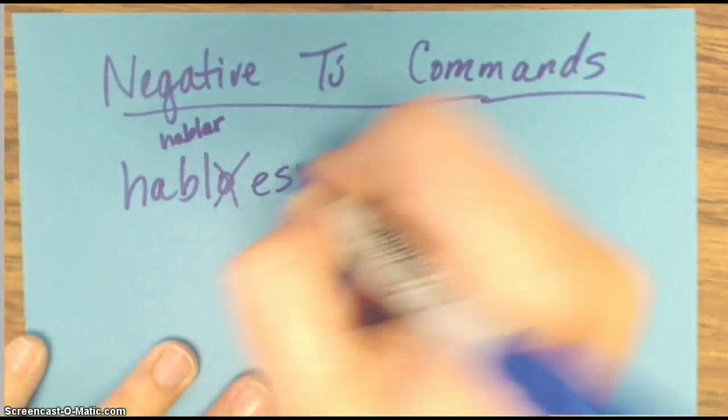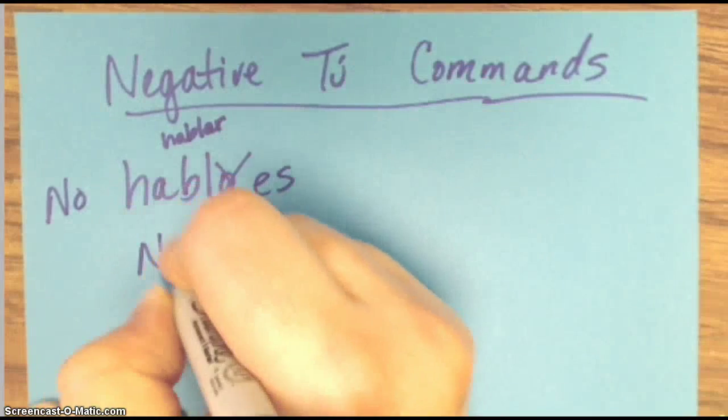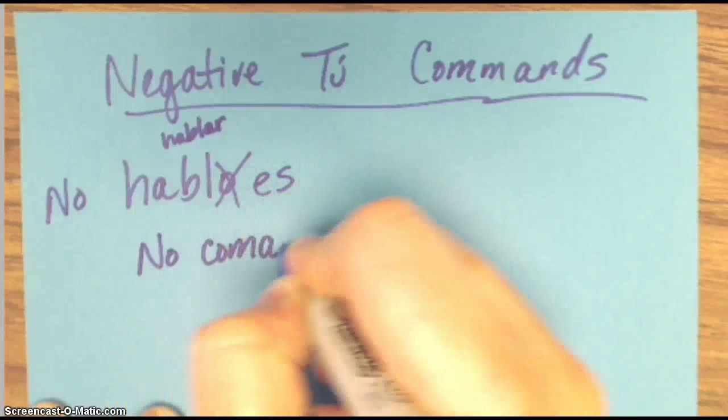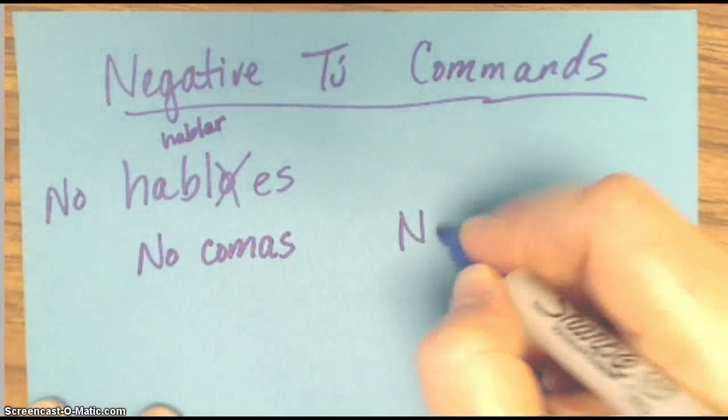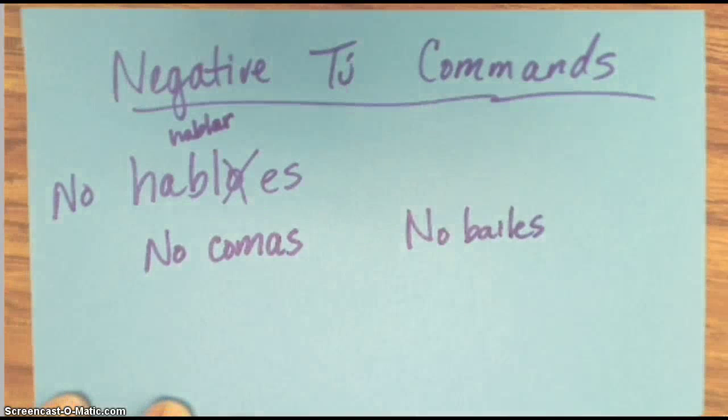So it would be hables. Okay, and by the way, these are negative tú commands, so it's always going to have no in front of it. So no hables, no comas instead of comer, no bailes, etc.